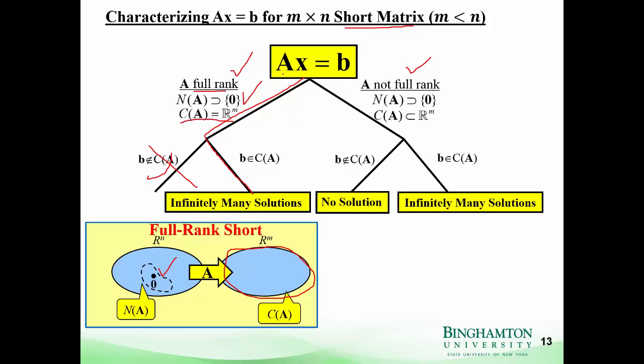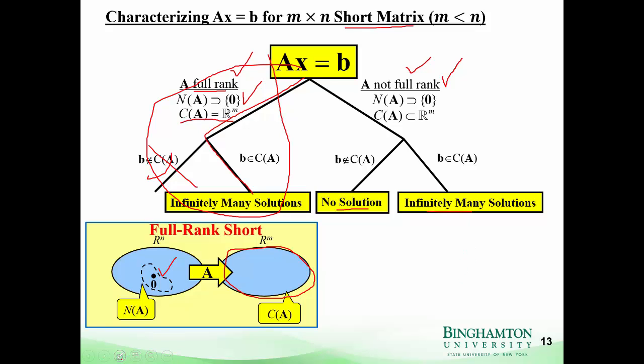So you don't really want to end up over here. Notice that this short matrix case is horrible. You don't really want to end up with a short matrix if you're designing a system, unless you can be very, very clever. If we end up over here with not full rank, well, we could end up with no solution or infinitely many solutions.